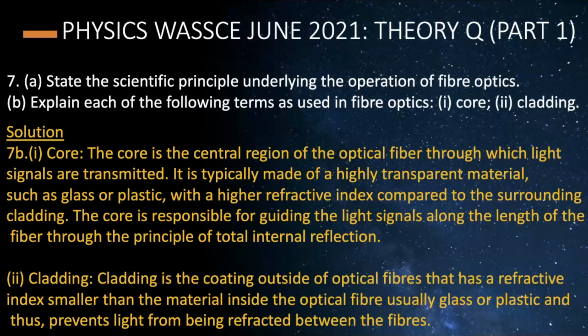So I've already given it away in the first one. The cladding is the outside, so it's the coating. The coating that you give to the fiber system on the outside has to be made with a material that has a smaller refractive index compared to the core. That way you prevent light from being refracted between the fibers.